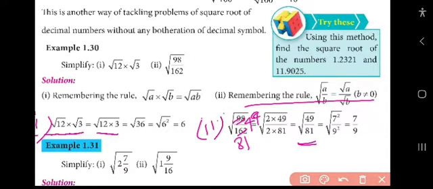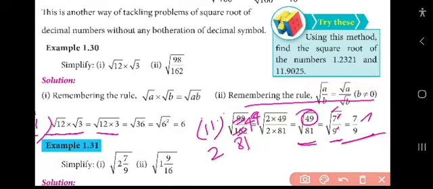Here there is no common divisor for 49 and 81, so we cannot simplify that rational number further. Root 49 can be written as root 7 square by root 9 square. Both square roots cancel, so 7 by 9.